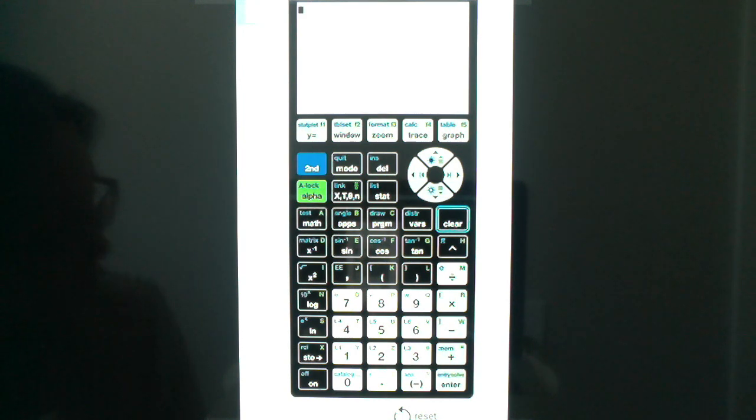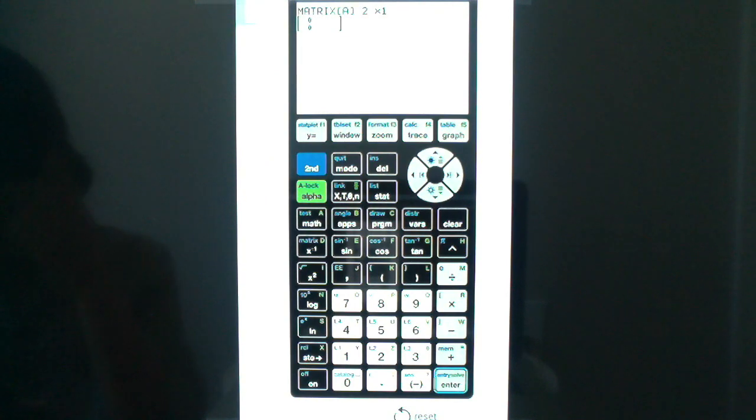Number 22. What is the reduced row echelon form for the matrix? So this is just a simple calculation. So we'll do second matrix. Go to edit first because we have to make one. Enter. So how many? Look, if I do this 2, enter, we only have 2. But if you look at the paper, we need 3 rows, right? So I'll change this to 3.